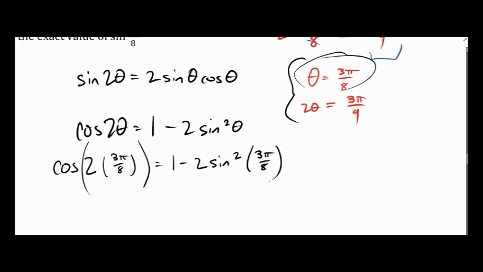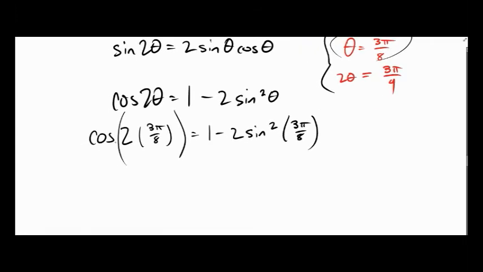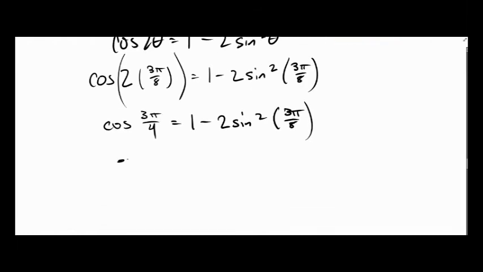That's the theta. What is 2 times 3 pi by 8? 3 pi by 4, that's what we already talked about. What is cos of 3 pi by 4? Negative 1 over root 2.